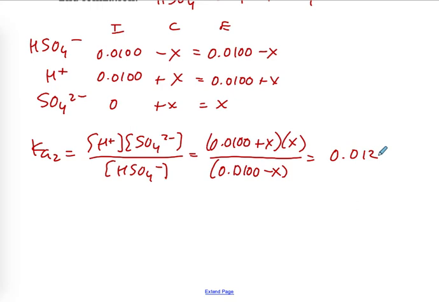So what you will have to do in this case is use the quadratic formula or an online polynomial solver, which will give you a value of x equal to 0.0045 molar. Okay?